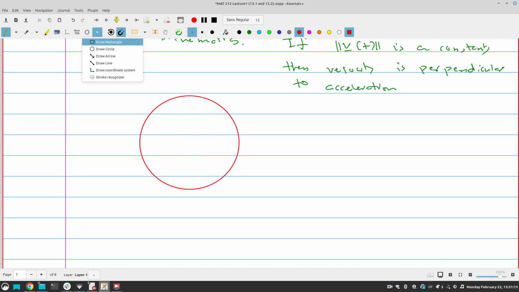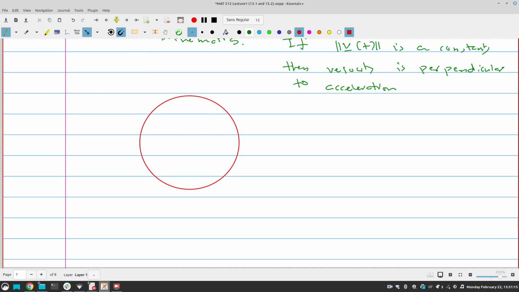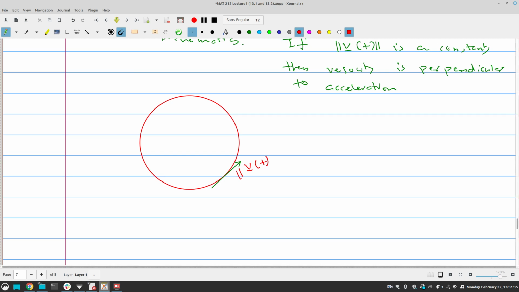The velocity of the object is varying, but the speed is constant, so the magnitude of v t is constant. This motion is called centripetal motion in physics.